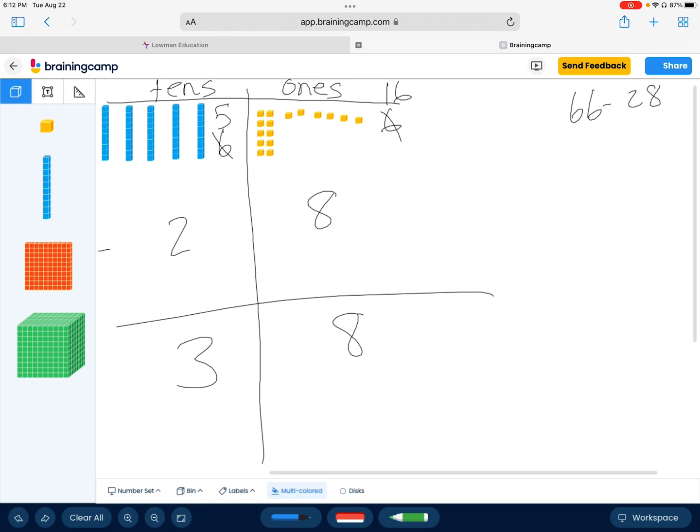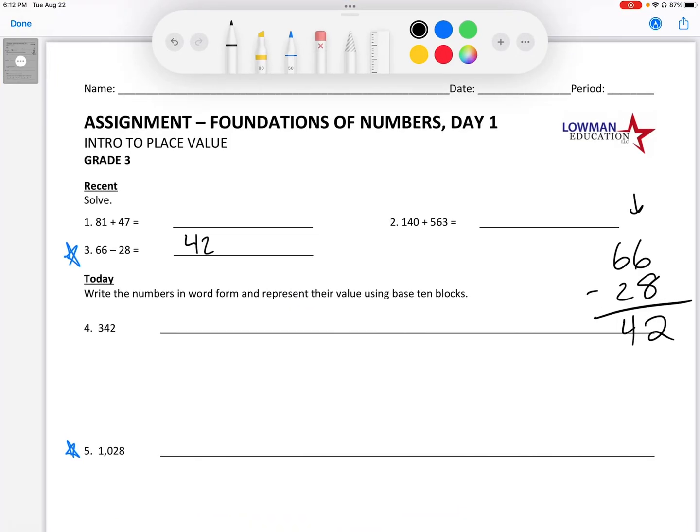So I would just have them draw the picture to represent what they're doing so then they can visualize it. The more they do that and visualize it, the better they get at it, and then eventually they don't have to have the pictures anymore. So I'm going to erase that. And now let's move on to number 5.